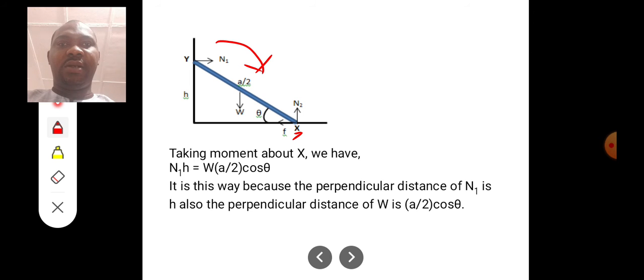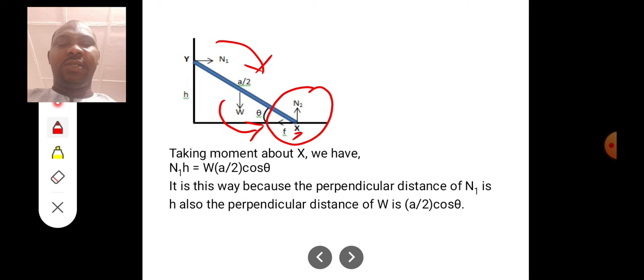For this one, there is no moment since both of them are exactly on x. So the weight W towards x should move this way. The moment of N1 is N1 times H, because H is the perpendicular distance of N1, and H is the height of the ladder above the ground.